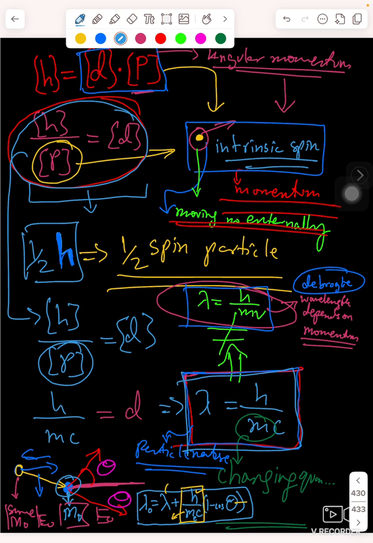That's one of the weird natures of particles in quantum mechanics. Because classically we know that spin is because of an object doing something, but it's not the same in quantum mechanics.